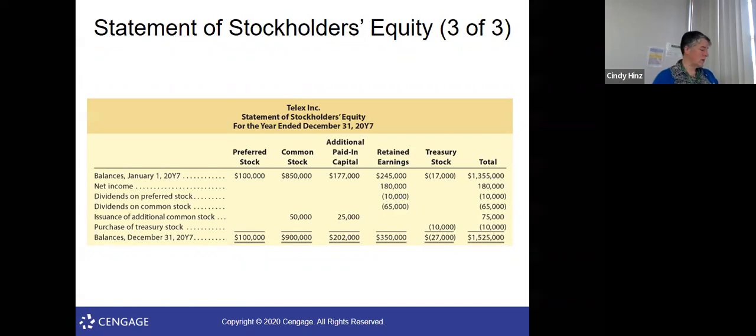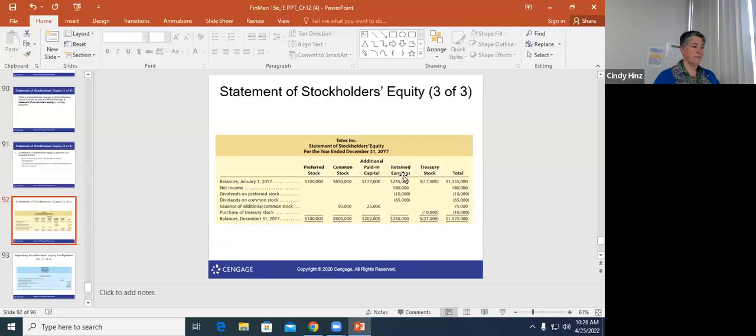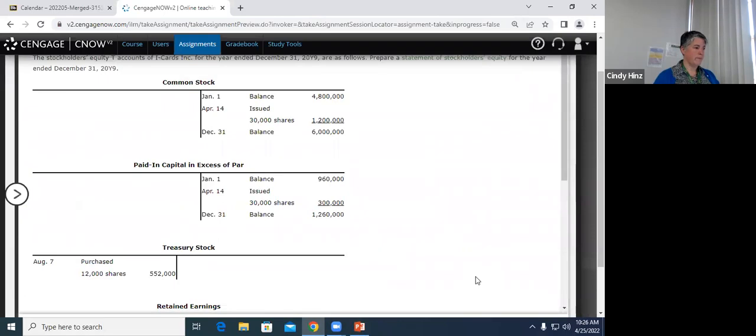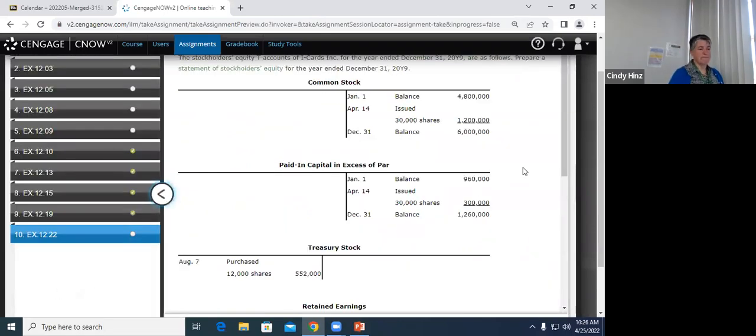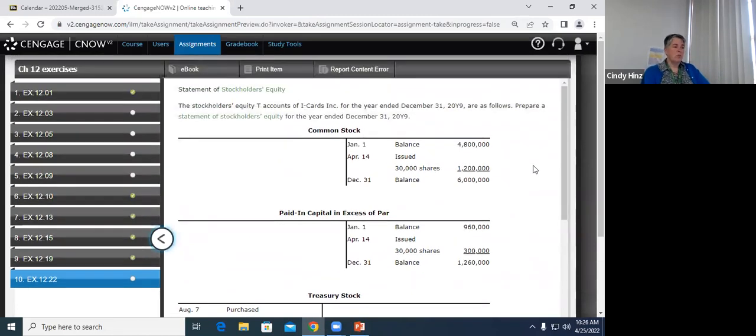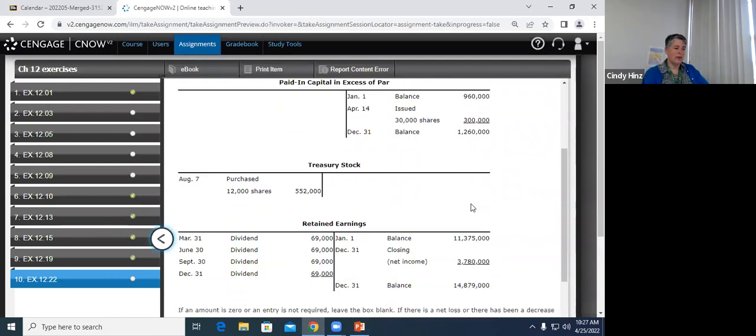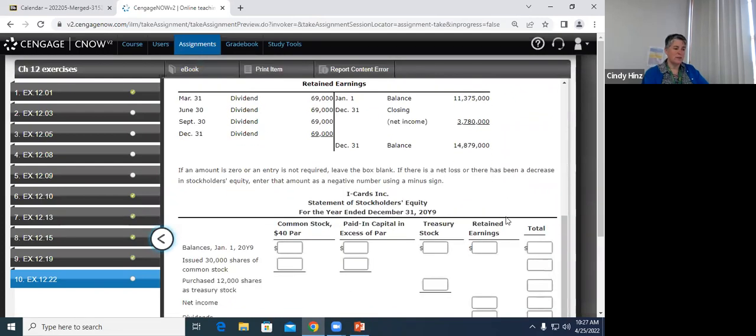And that's what we're going to do in our final exercise for this chapter. So what we have in this exercise, in exercise 10, are some T accounts for common stock, paid in capital in excess of par, treasury stock, retained earnings.